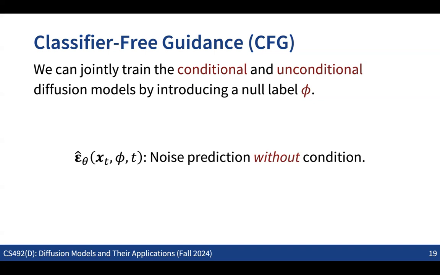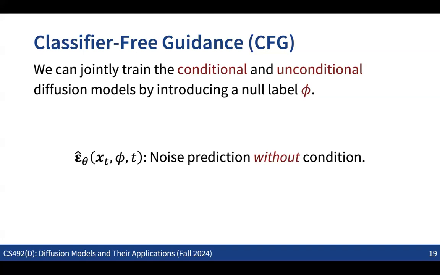If we put 0 in as the condition, then this is the case where we want to generate any kind of images. But when you set a specific label index, then we want to generate images in that specific class. So that's a very simple idea for combining conditional and unconditional diffusion models. Clear?